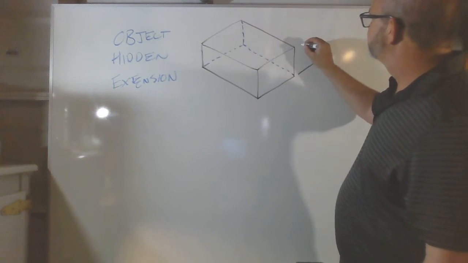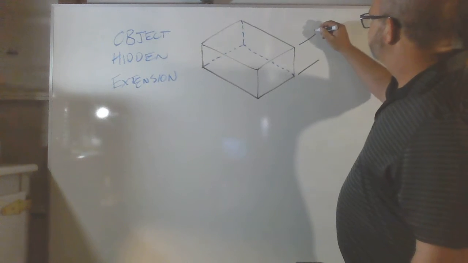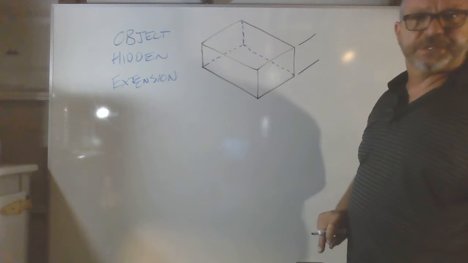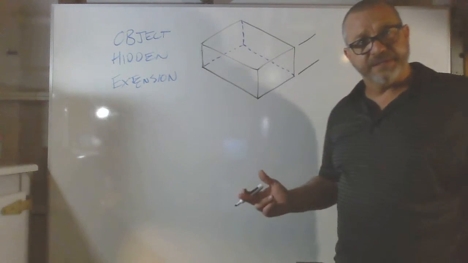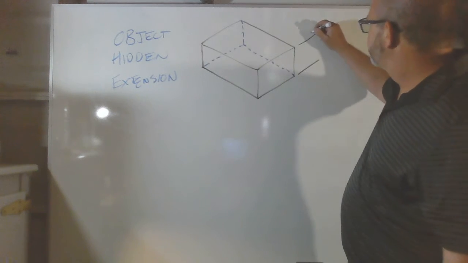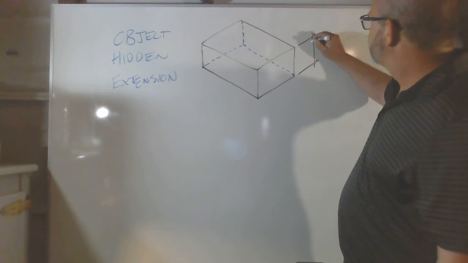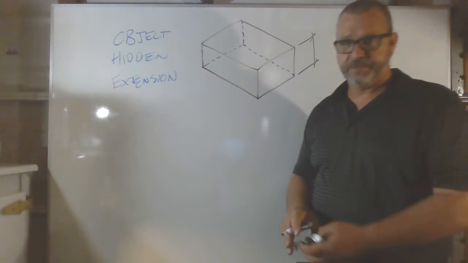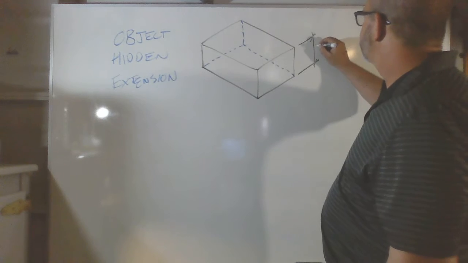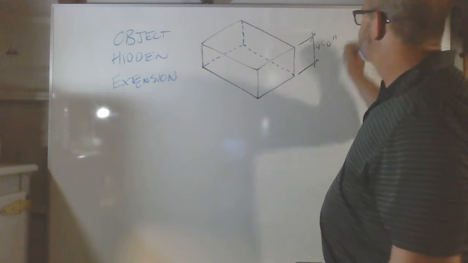Doesn't connect, but it extends it out. So those are your extension lines. And the reason why you put in an extension line is so that you can put in what the next one is called, the dimension line. So this is a dimension line here. This is the extension line. And then let's say this is 4 feet.